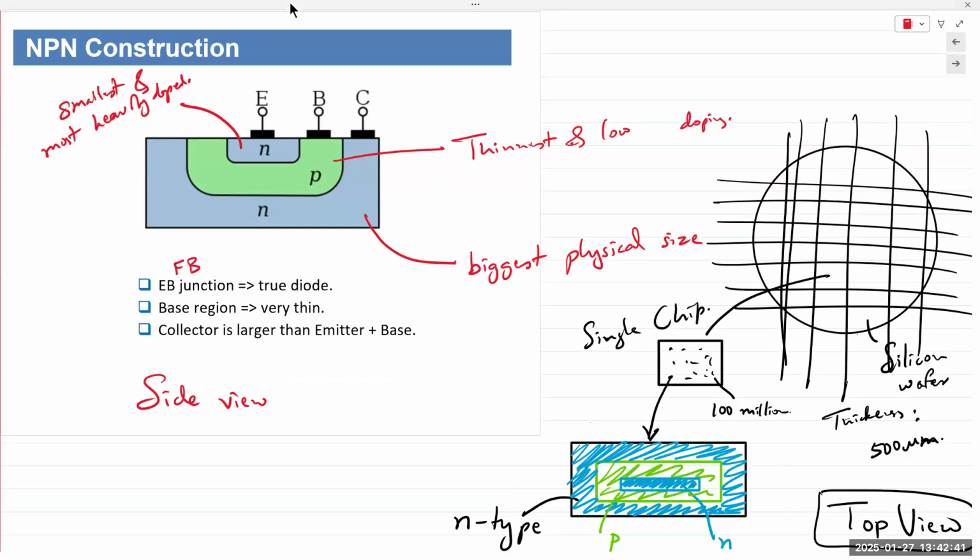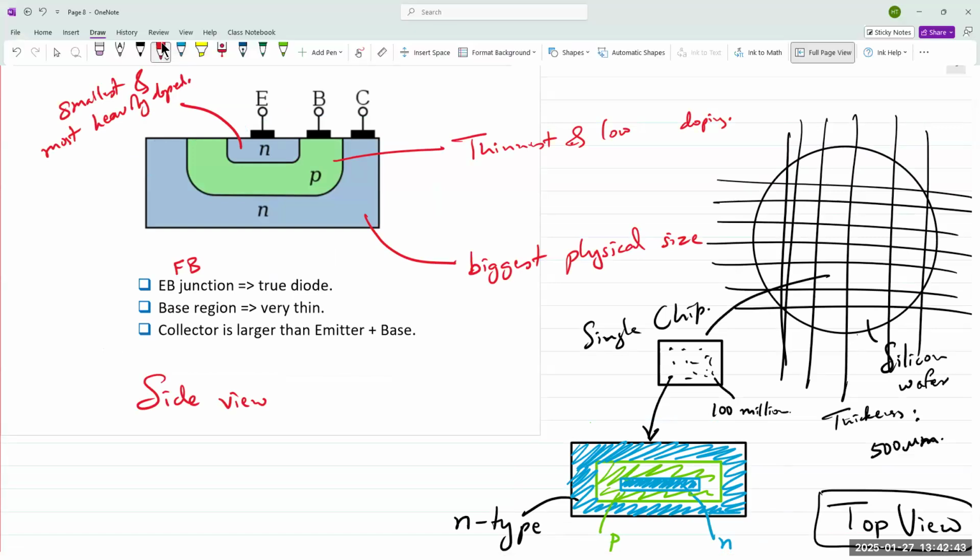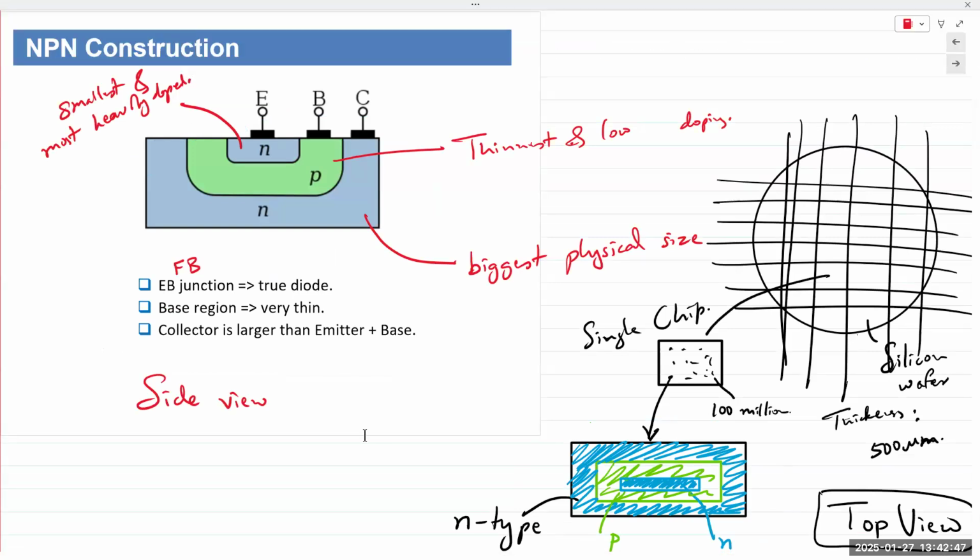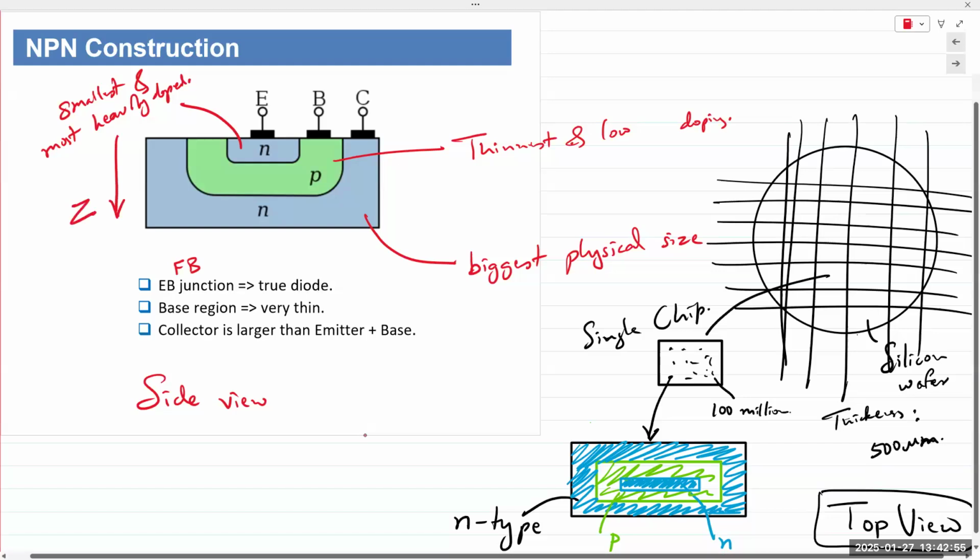So physically, the collector is the biggest in size and the emitter is the smallest. And then the base is the thinnest. Now we're talking about the Z direction. This is the Z direction going into the wafer from the top, and this would be the X and Y direction.